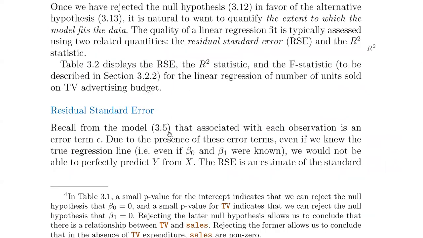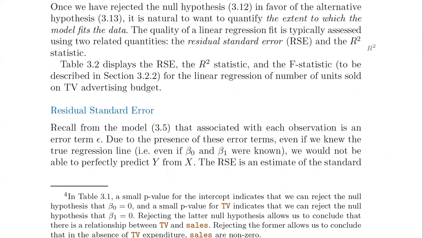Recall from model 3.5 that associated with each observation is an error term epsilon. The error term makes up for the model's limitations.